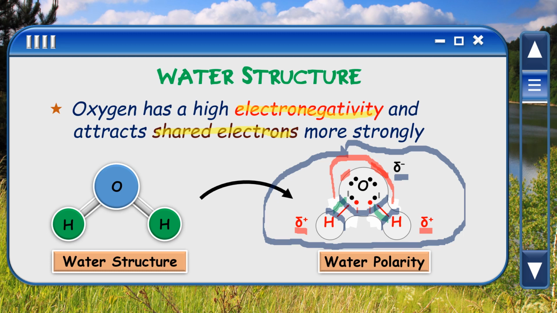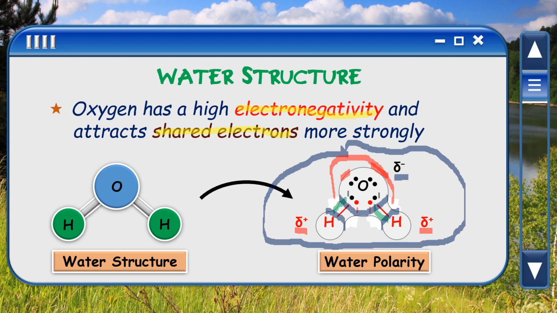So the shared electrons will spend much of their time towards oxygen and far away from hydrogen, and that is what creates the partial positive on the hydrogen and partial negative on the oxygen, because most of the electrons spend most of their time there.